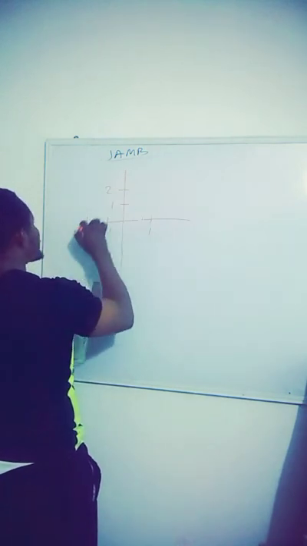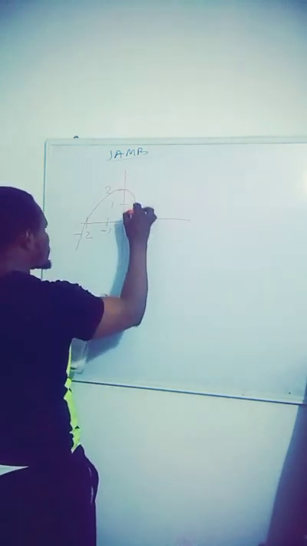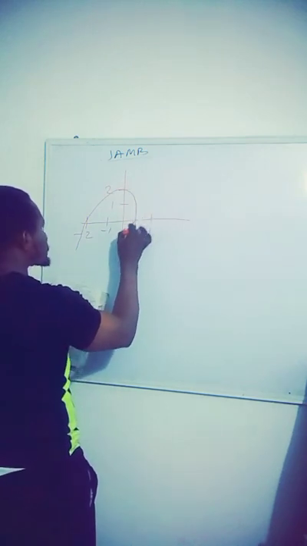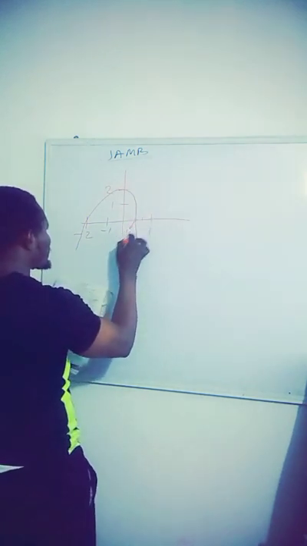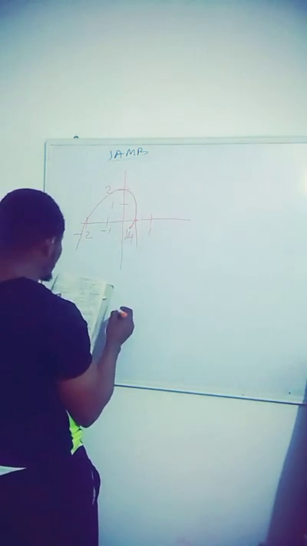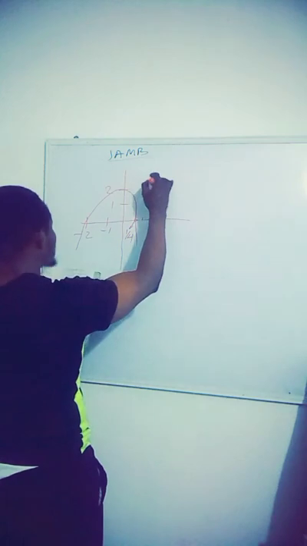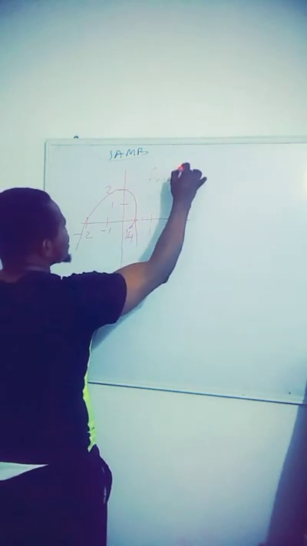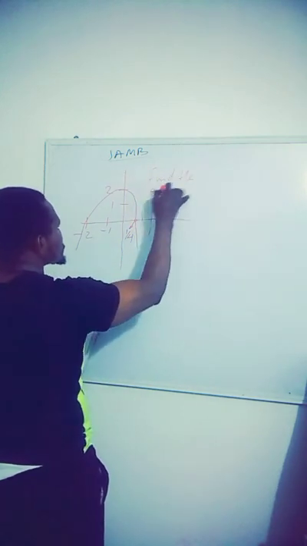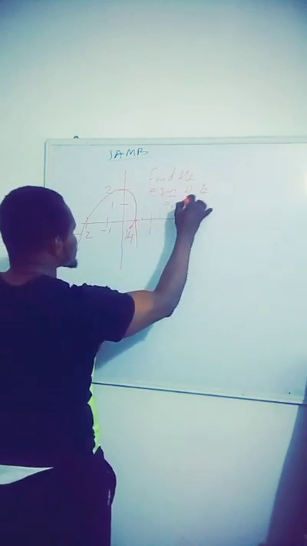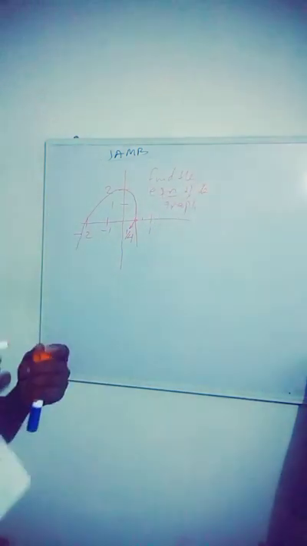So the graph moves. Here, this point is 1/4. So the question is, just find the equation of the graph.